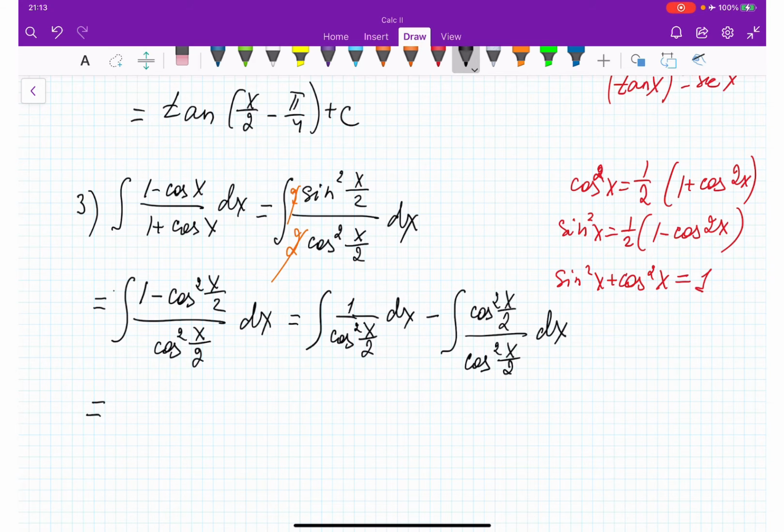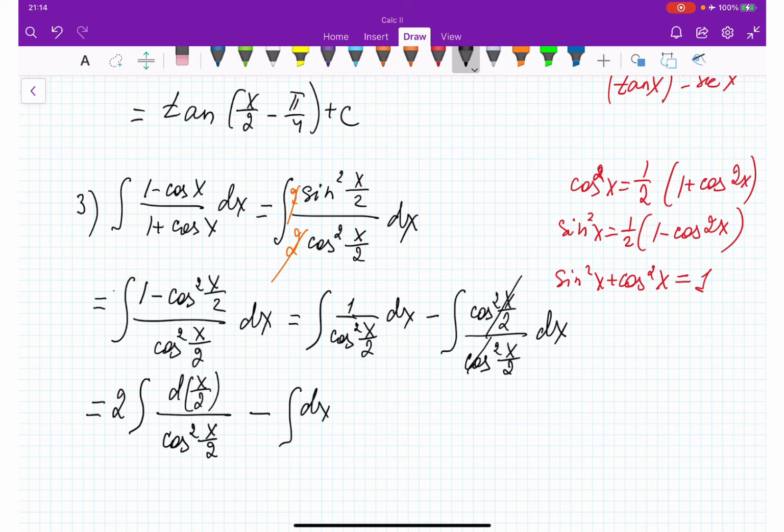I will take 2 out here and put x over 2 there, so they balance each other: 2 here, 1 over 2 there. Cosine squared half of x, and minus this one, it's gone, so we get dx.